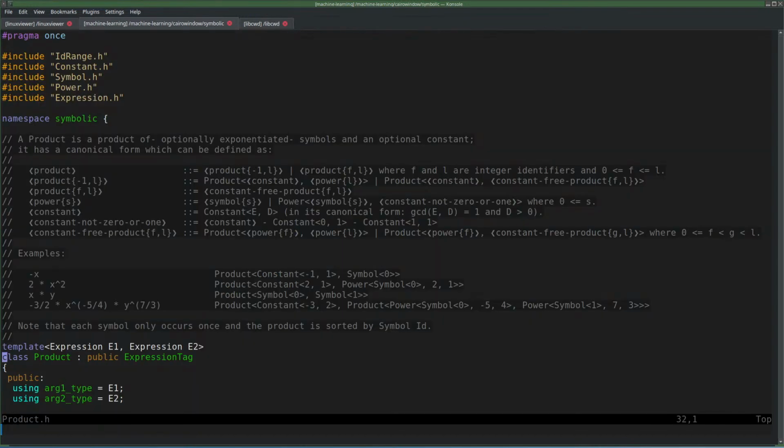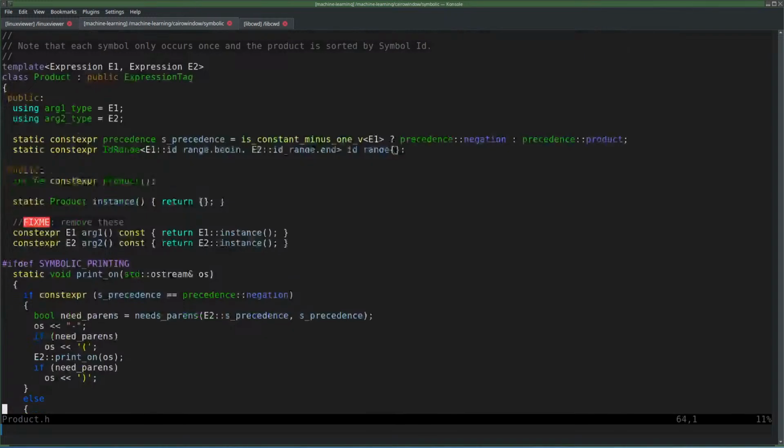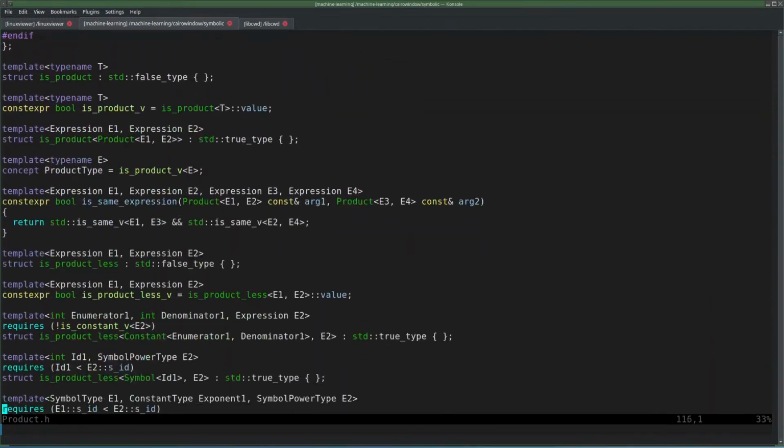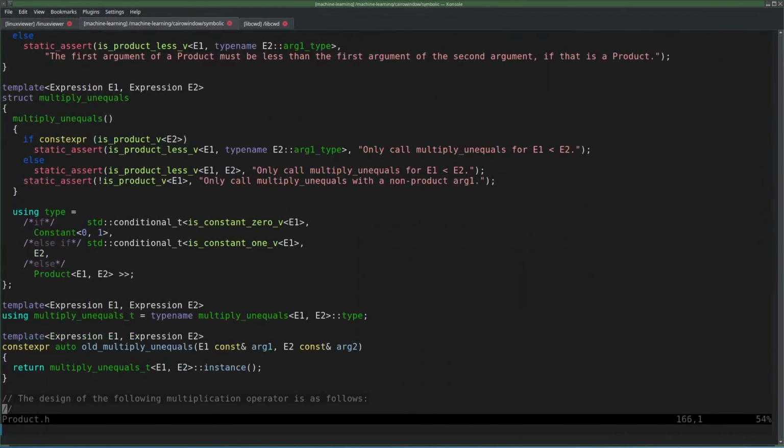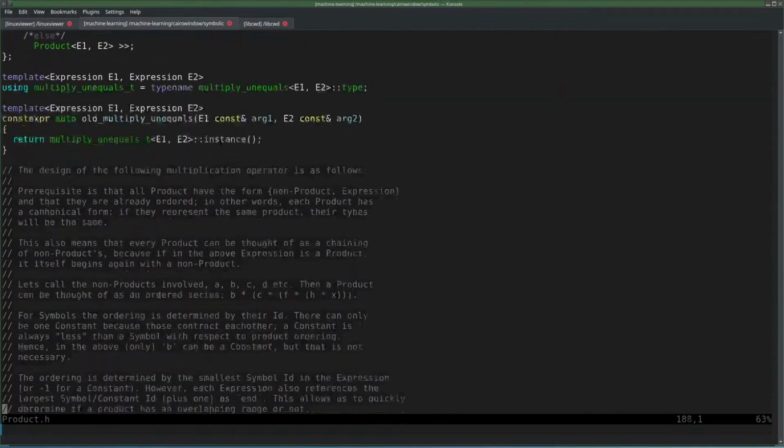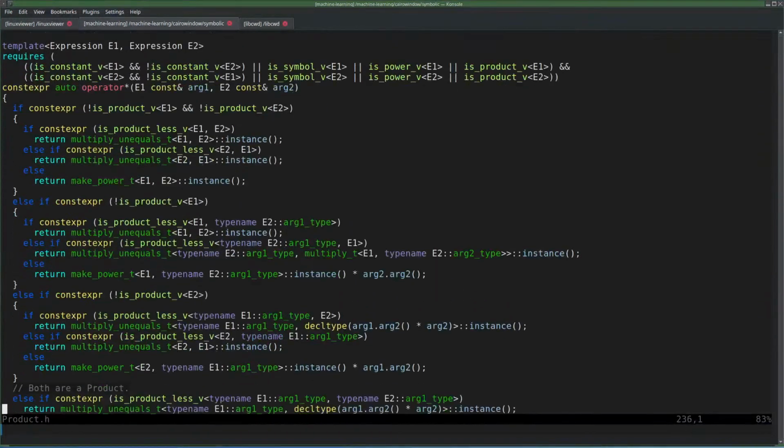Product.h. Sorry for the dizzy scrolling. Yep, here's the multiplier used for the first time. It should now work for everything, right?